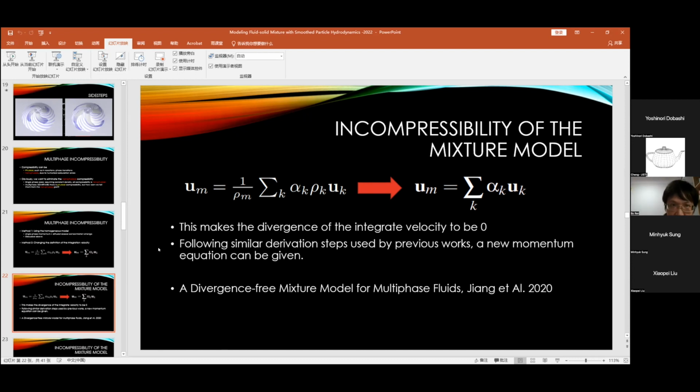There are a dozen papers using MPM. I didn't put them into this slide. They're mostly done by Tsinghua University, and they use simple diffusion, and there are some difficulties, I think.